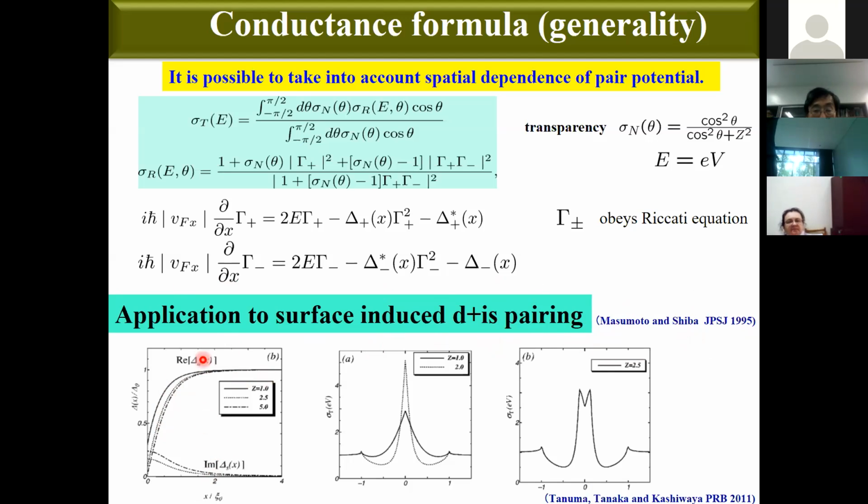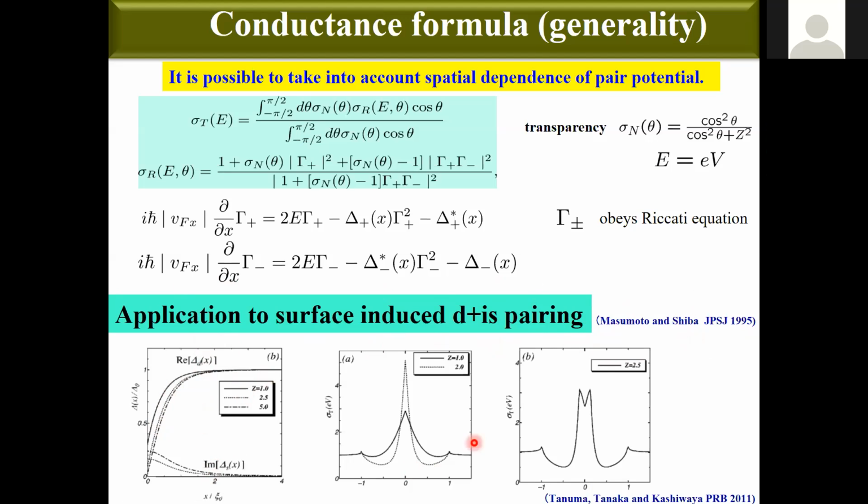In that case, tunneling spectroscopy should show a splitting, but our formula can take such spatial change into account. In that case, gamma plus and gamma minus follow this type of Riccati equation. So I would like to say that our formula is quite general. Even in the presence of a spatially dependent pair potential, we can apply the Tanaka and Kashiwaya formula in such a rather complicated system.